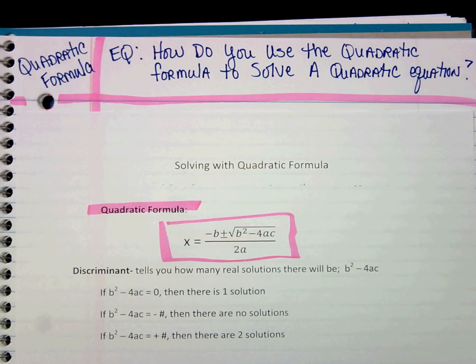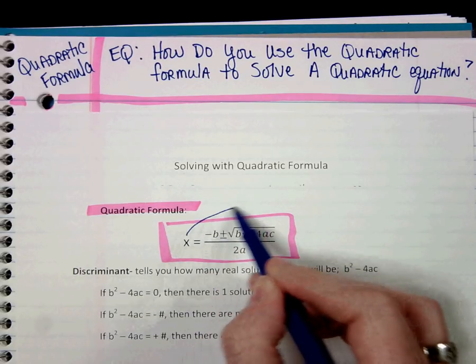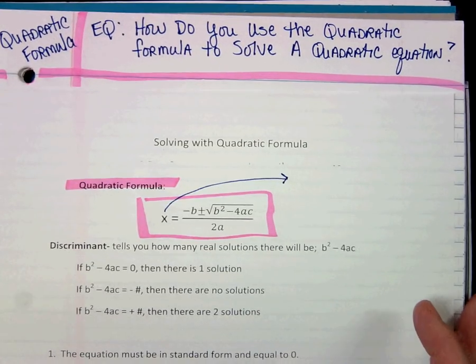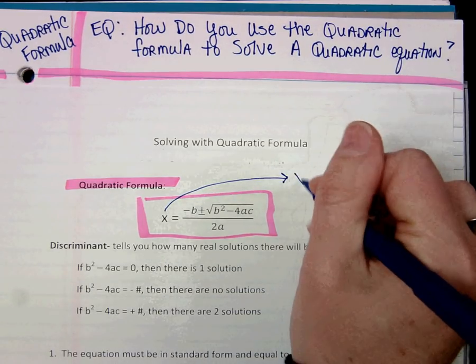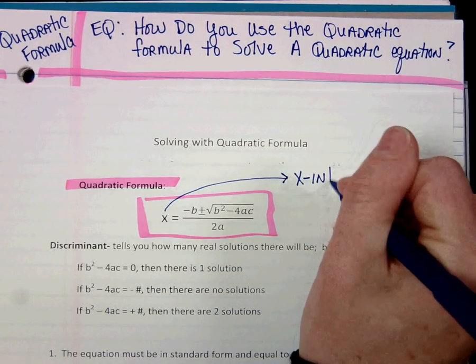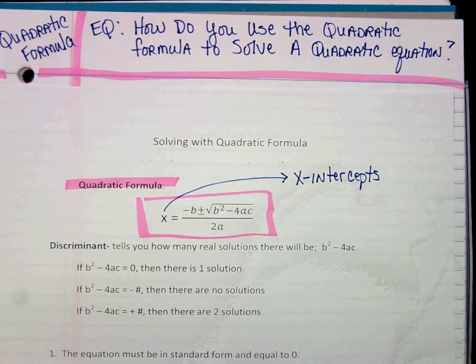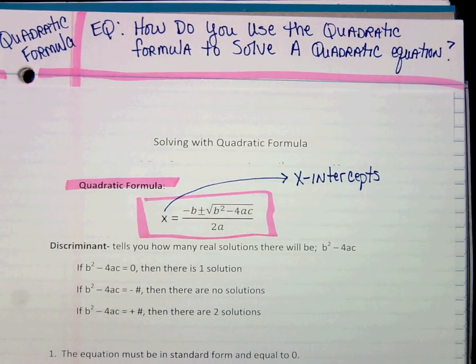Now, one thing I want to point out is the reason that it says x equals, and we've talked about this, the x-intercepts are our solutions. And so that's why it says x equals.